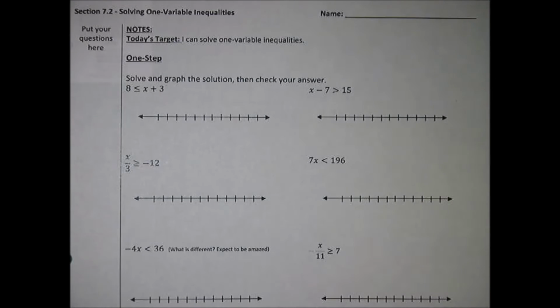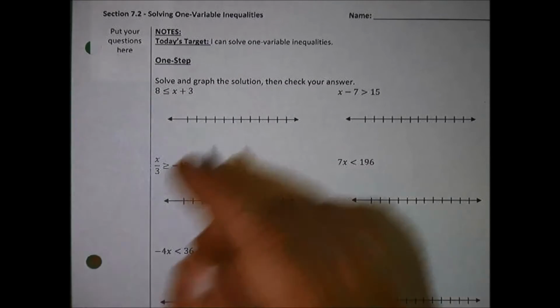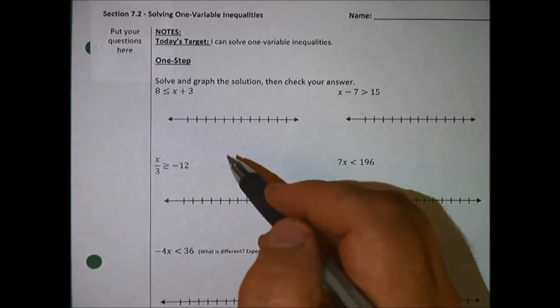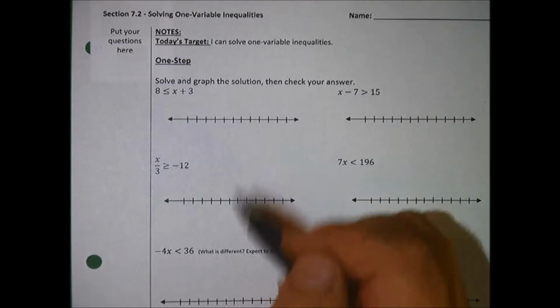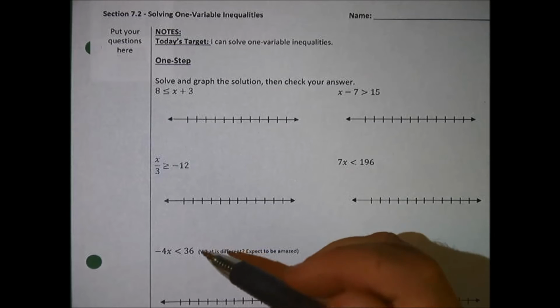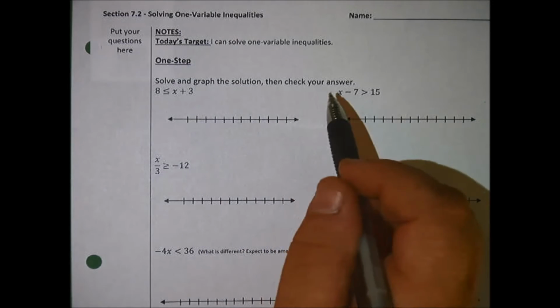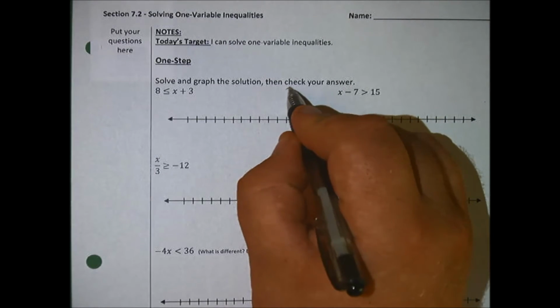Just like we solved equations, we're going to solve these inequalities using the same ideas. So let's go ahead and look at these. The first couple here are one-step inequalities. In fact, the whole first page is. Once we get going, we'll learn how to do two-step inequalities just like we did two-step equations. And we're also going to look at how to check our answer. That's a really important part there.